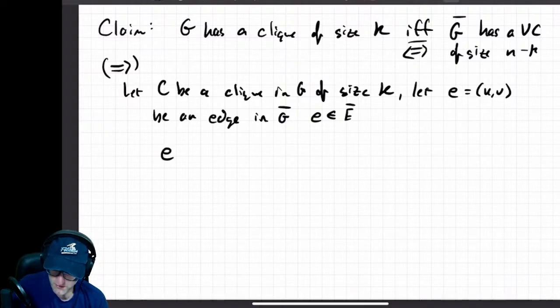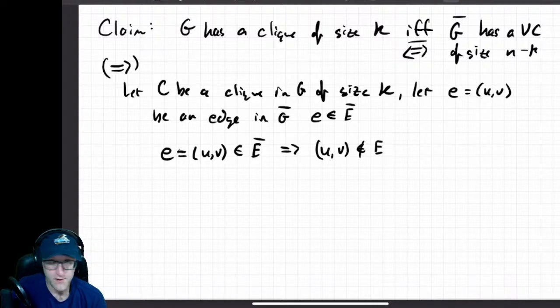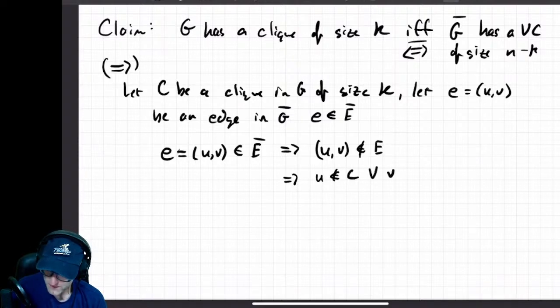So that starts our series of implications. e is an edge in the complement graph. This implies, by definition of what a complement graph is, that the edge is not in the original edge set E. That implies that either u is not in C, or v is not in C. Or both.